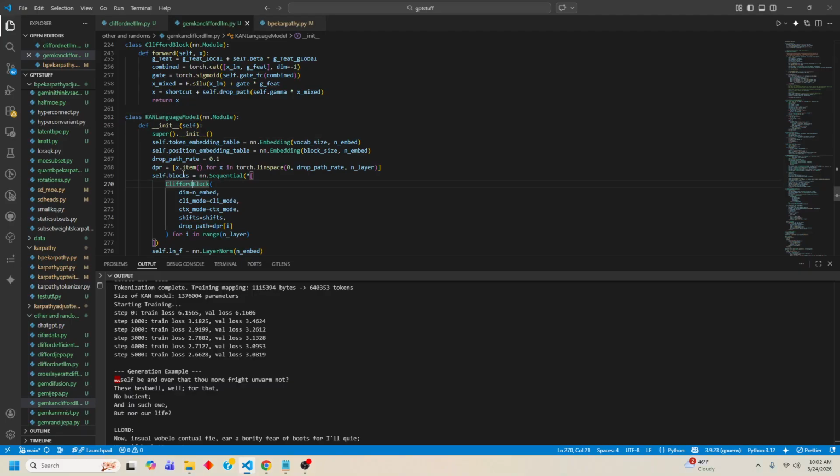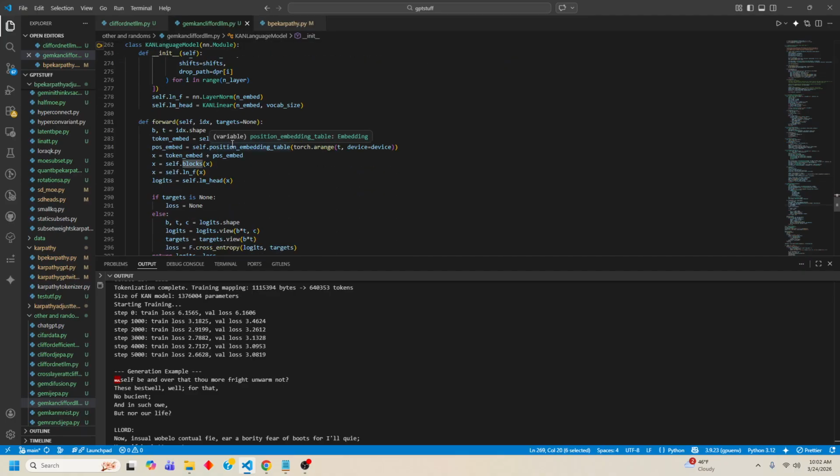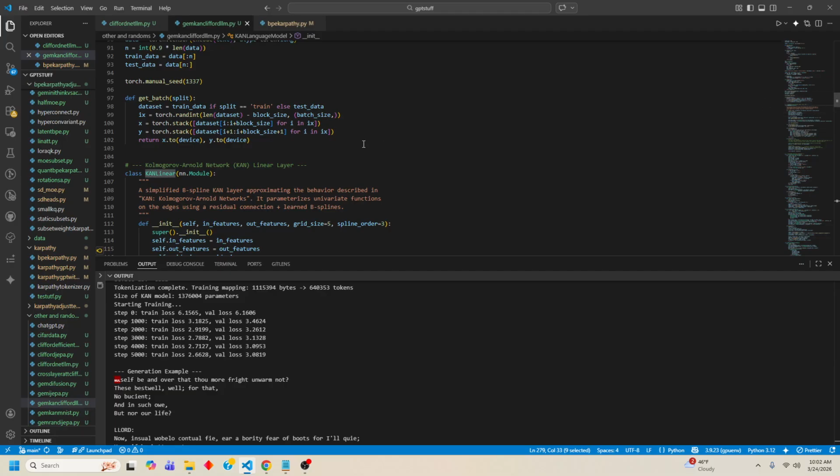So we have the Clifford blocks: we do the embeddings, then the Clifford blocks. The LM head is the con linear. I don't know why it calls it con linear.